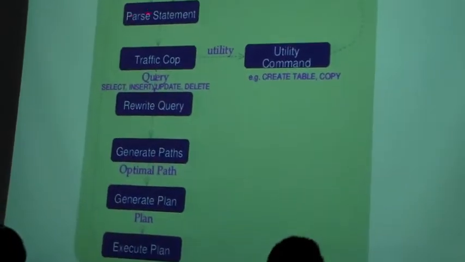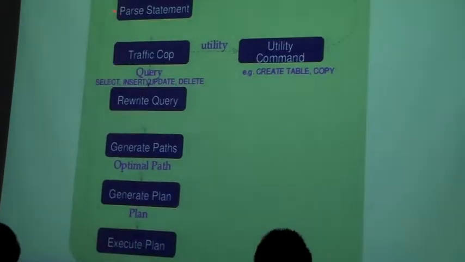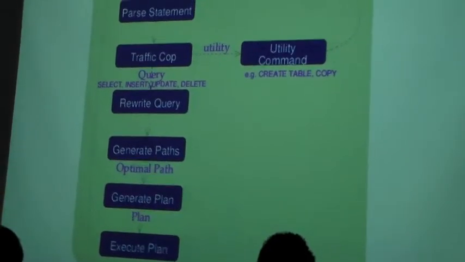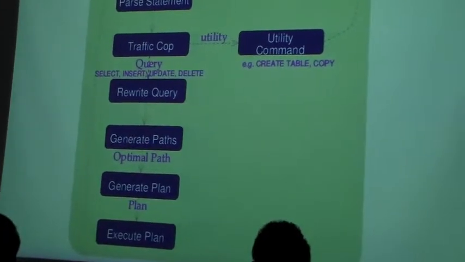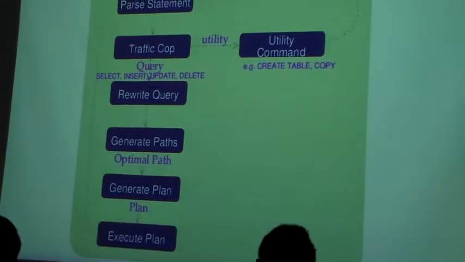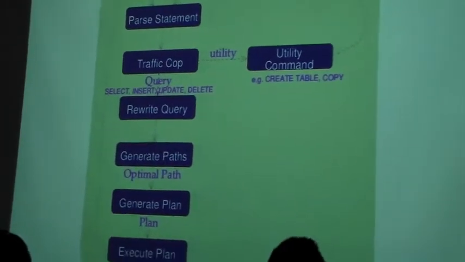That's not the first section that actually occurs. When a query comes in, rather than coming in from the top here, the first thing that happens is the statement is parsed. It's broken down into words, and then the words are treated as tokens or lexemes, which are then passed to something called a lexer, which generates actions based on the pattern of tokens or keywords that come into the parser.